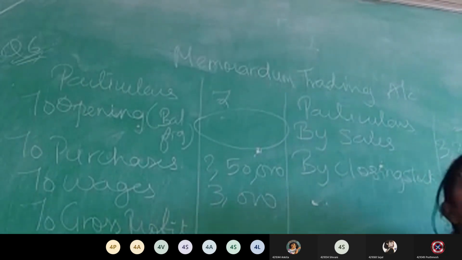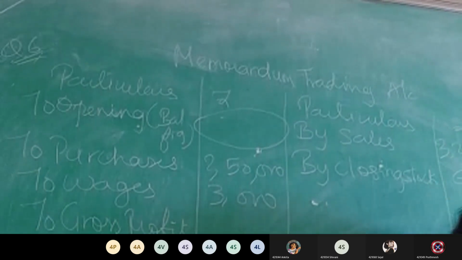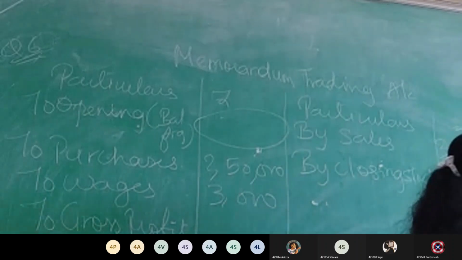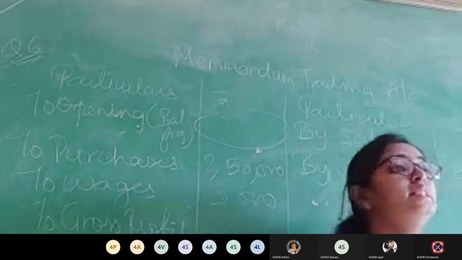Why 25? Because they are telling me it is 25%. 100 plus 25, 125. Now what to do? The 25 out of 125 is the profit on cost. So what will be my sales? When we solve this, I'll get my 20% on sales. How does it come?